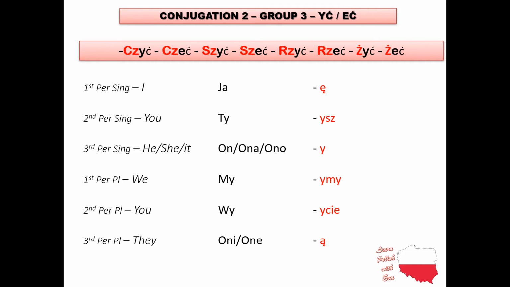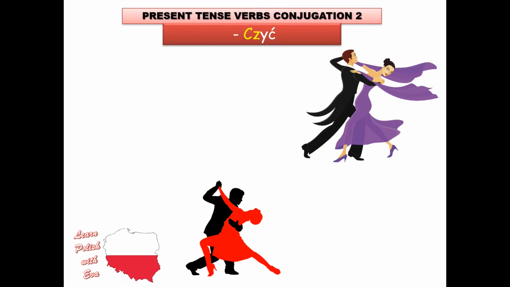As usual, let's have a look at examples that will show us more. So the first ending we'll look at is czyć. And the verb I've selected for you is tańczyć, to dance. So we do the usual thing. We have to take off the letters ć of the infinitive of the verb, and we are left with the stem tańczy.